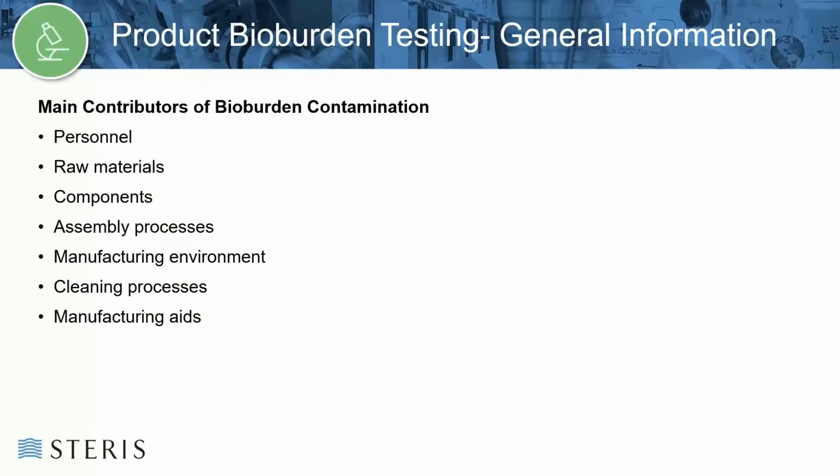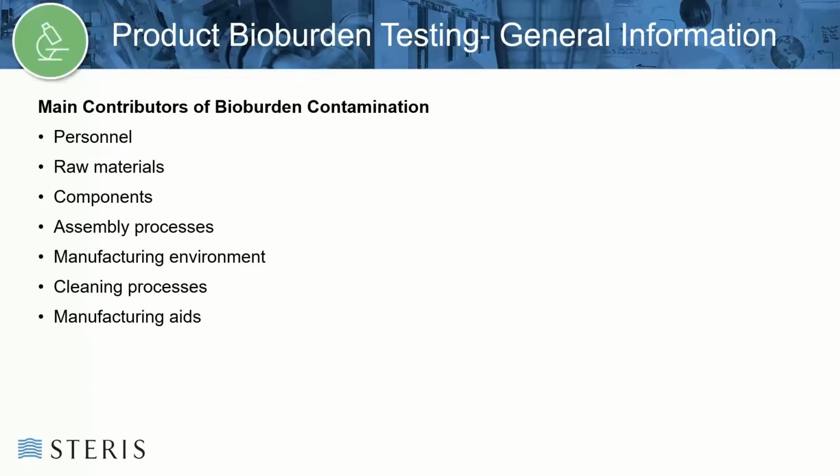In a medical device manufacturing environment, the main contributors of bioburden contamination are from the following sources: personnel, raw materials, components, assembly processes, manufacturing environment, or the lack of environmental control. For instance, the lack of positive pressure in a clean room environment, or the lack of particulate control within that environment.